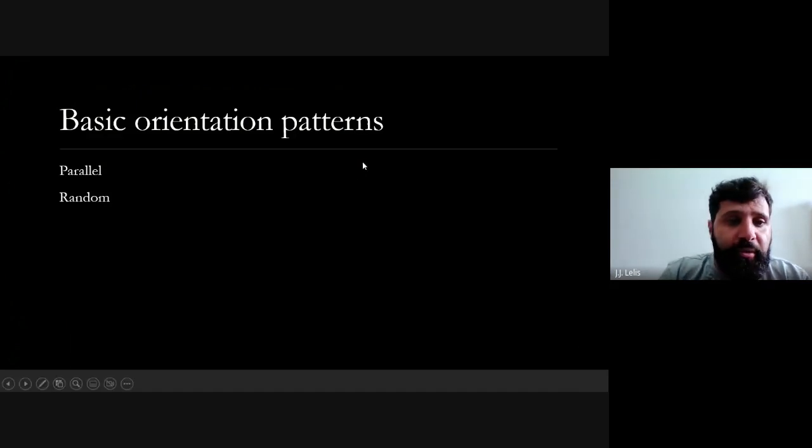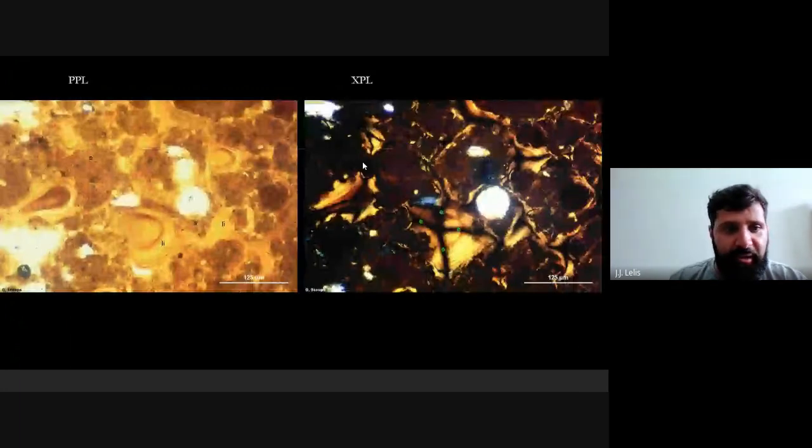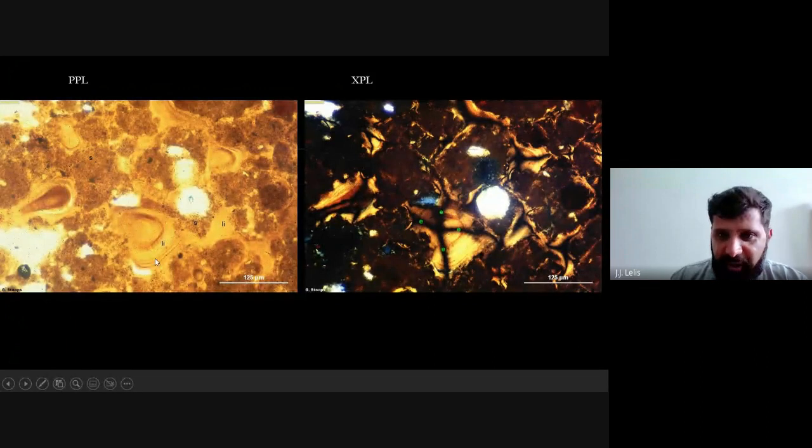We also can describe the orientation of these materials, and the orientation is very easy because there are only two types of orientations. It could be parallel or random distribution. So in this case, we can see the fine fraction that's parallel for each layer.